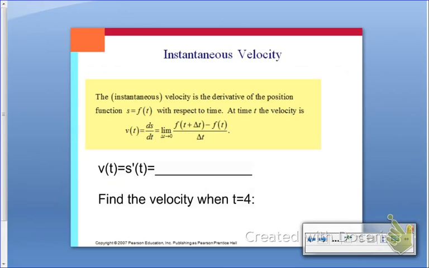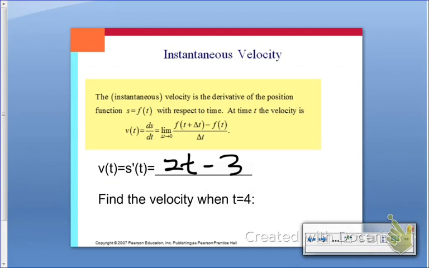What's the derivative of your position function? Your t is like an x. What's its derivative? 2t. What is it? Minus 3? Okay. So that's your velocity function.